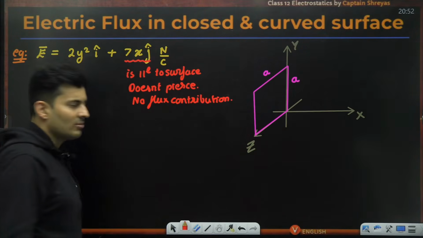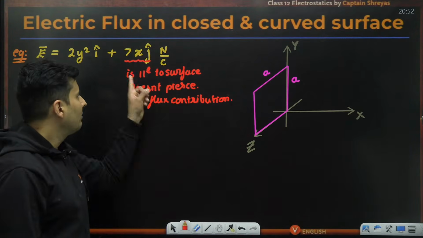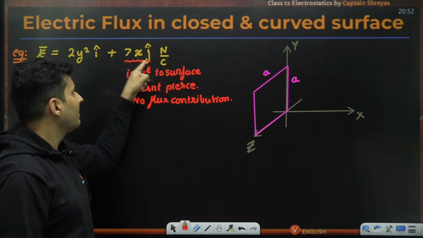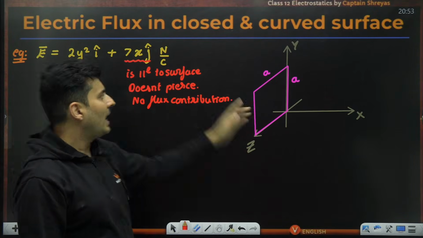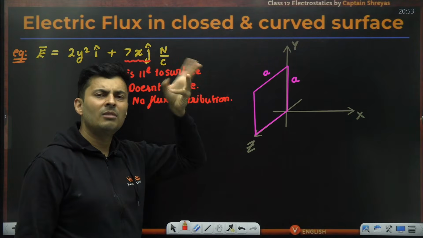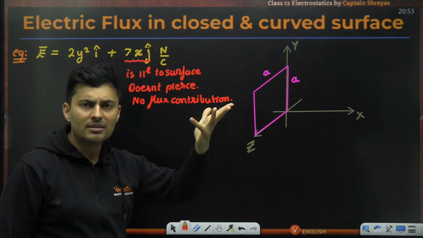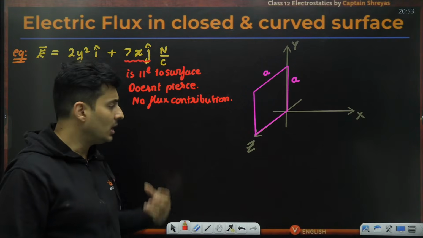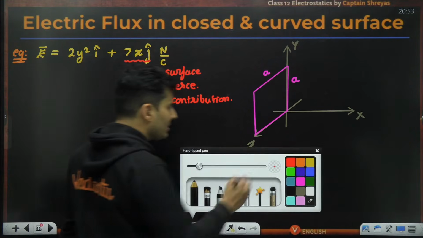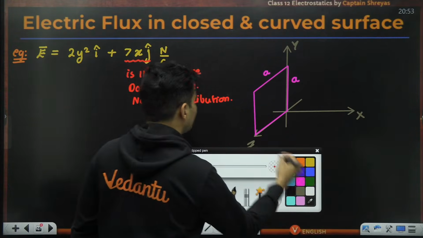I have also seen some students make a mistake over here. When I say that the electric field is in the j cap direction and it is parallel to the surface, they think parallel means theta is 0. So if theta is 0, then cos 0 is 1. So how come it is 0 flux? See guys, don't make this mistake.